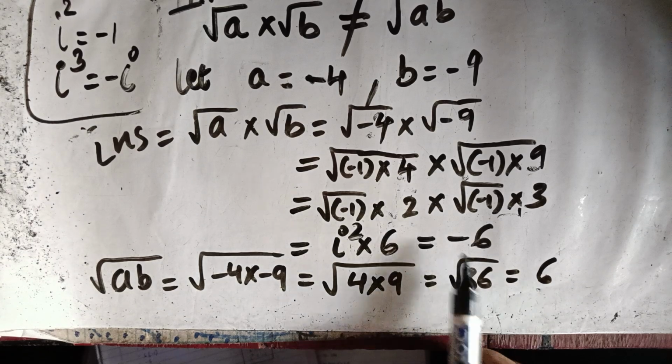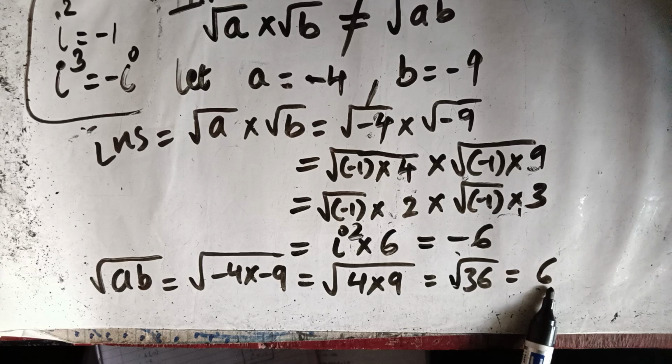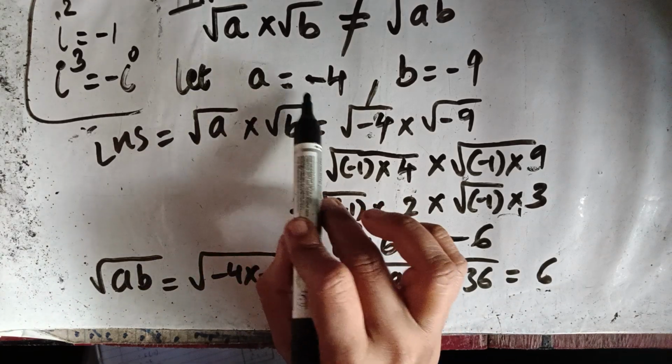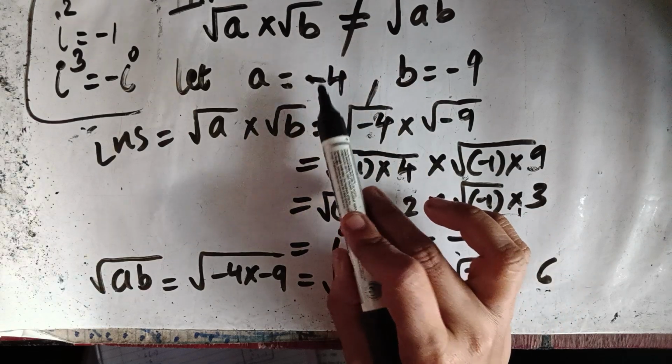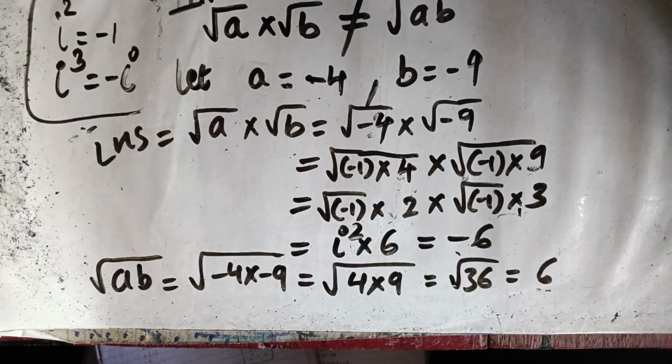Now this is plus 6 and this is minus 6. So RHS and LHS are not equal. This applies only for the numbers with a negative sign. Under root, the numbers should be negative. Now there are some examples on this also.